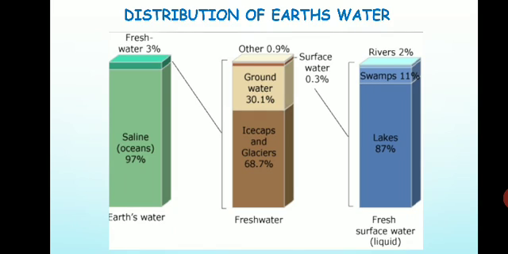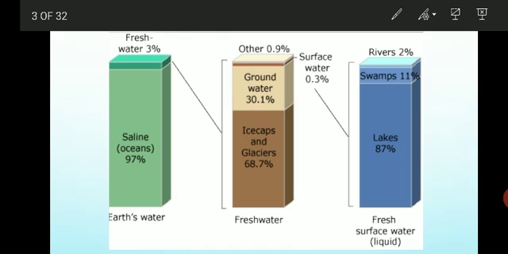Only 3% of water is fresh water, and the remaining 97% of the water, present in the oceans, is saline water.